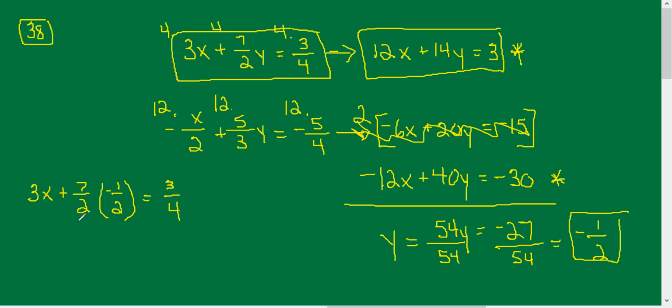Okey-doke. So this becomes 3x, and this is going to be minus 7 over 4. Negative 7, and 2 times 2 is 4. That equals 3 over 4.